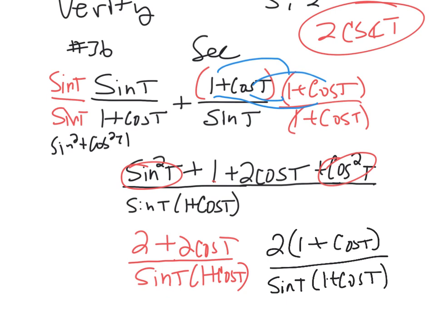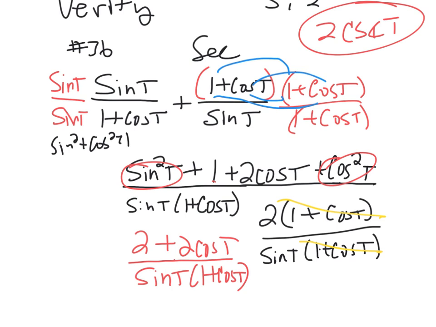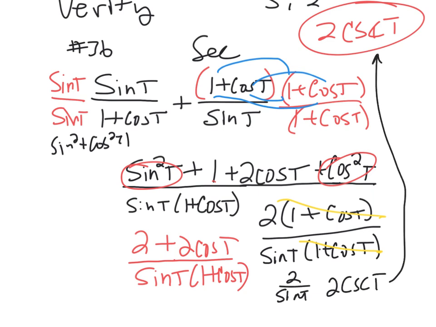And then I notice that I can cancel out that common factor. That leaves me 2 over sine t. And the reciprocal of sine t is cosecant, so 2 cosecant t, and lo and behold, that's what I wanted.